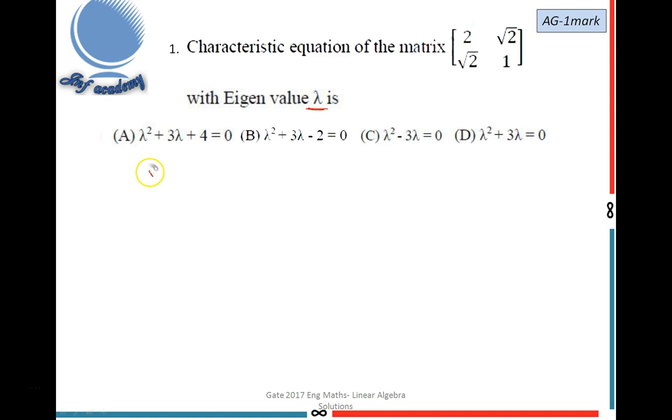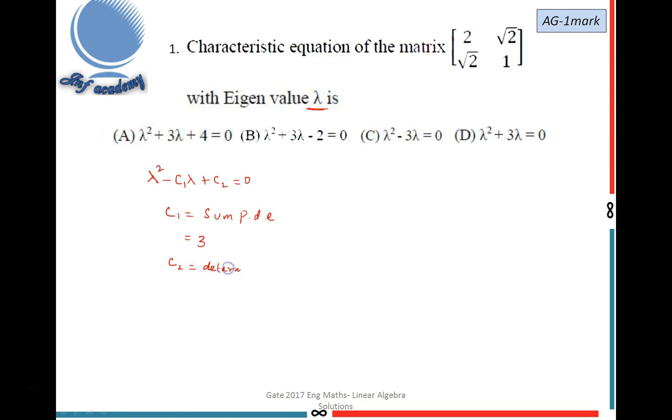So the shortcut for the characteristic equation of a 2 by 2 matrix is lambda square minus C1 lambda plus C2 equal to 0, where C1 equal to the sum of principal diagonal elements. The principal diagonal elements are 2 and 1, so 2 plus 1 is 3, and C2 equal to the determinant of the matrix.